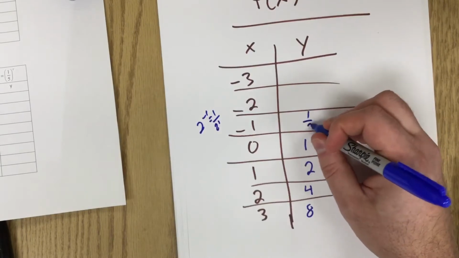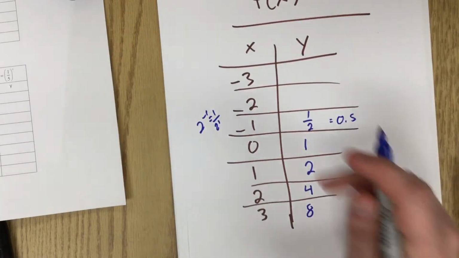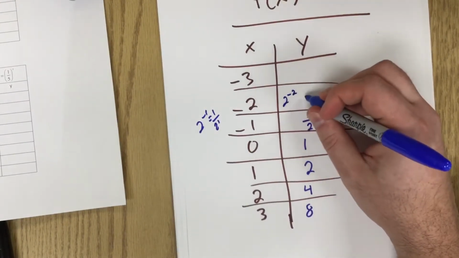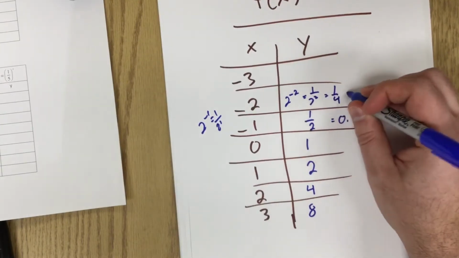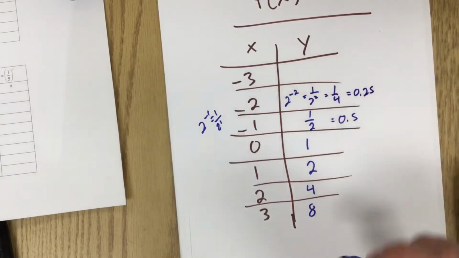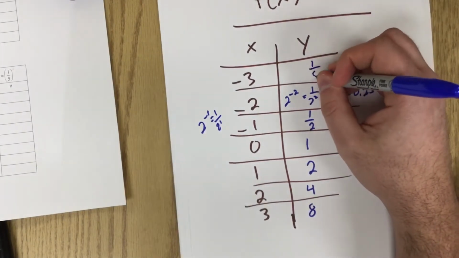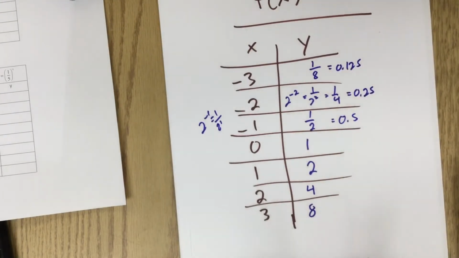So that's 1 over 2, which is 0.5 if that matters. This is 2 to the minus 2, which is 1 over 2 to the 2, which is 1 over 4, which is 0.25. And similarly, this one ends up being 1 over 8, or 0.125.